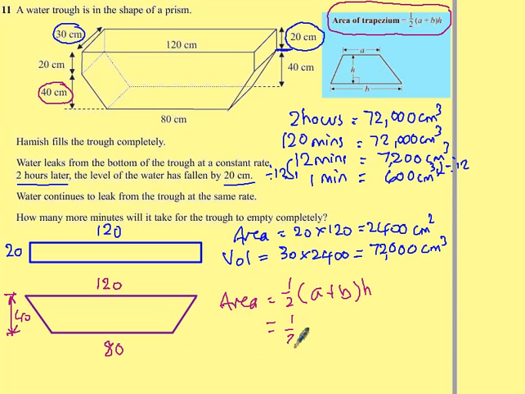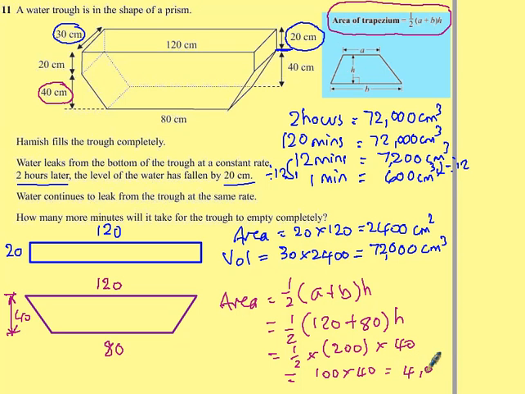So a half, a is 120 plus the b at the bottom is 80 multiplied by the height. So we've got a half times 200 times the height, 40, which gives us an area of half times 200 is 100 times 40 is 4,000 centimetres squared. I'm going to continue this in another video.